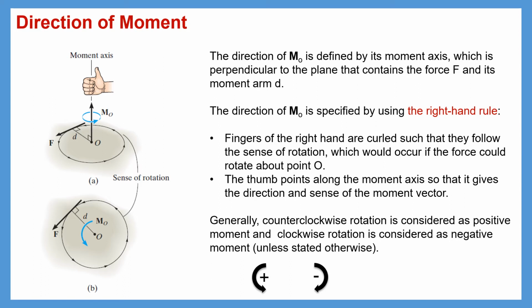The direction of moment is defined by its moment axis, which is perpendicular to the plane that contains the force F and its moment arm D. Here, in this example, we have a force F and we know the perpendicular distance, the moment arm of F, here D. F and D here are in the XY plane.